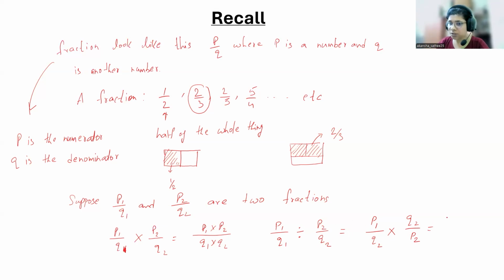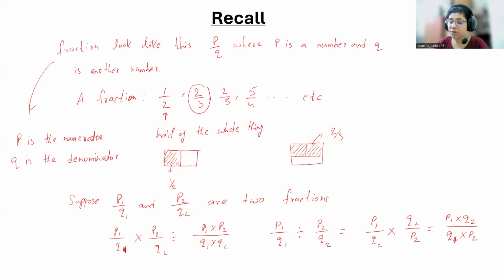So this is equal to P1 into Q2 upon Q1 into P2. To multiply, it is numerator into numerator, denominator into denominator. That is the simple rule of multiplication with fractions.